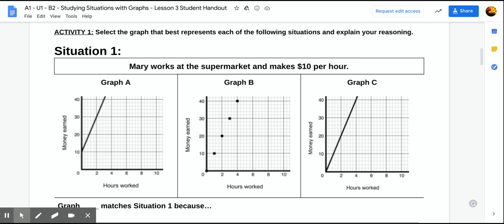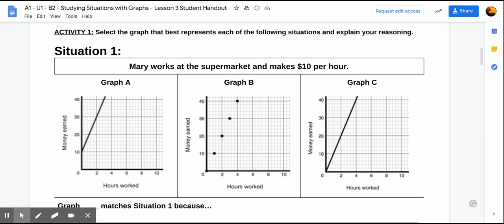Situation 1. Mary works at the supermarket and makes $10 per hour. So I'm going to ask you to pick if this matches graph A, B, or C. And you need to read what's happening with the independent and dependent variable. Along the x-axis, it is the number of hours worked, and the money earned is the dependent variable.